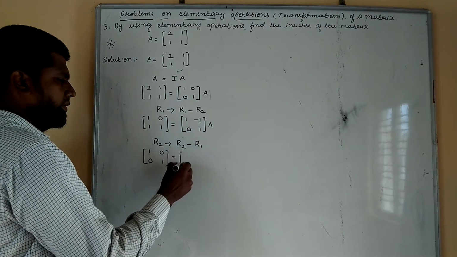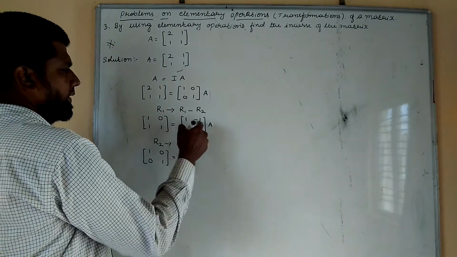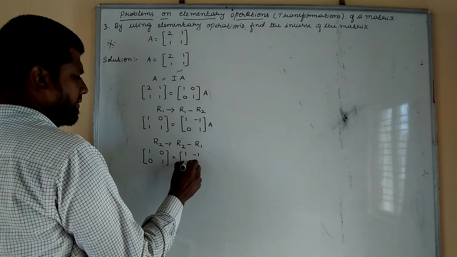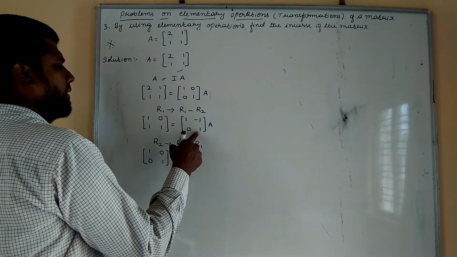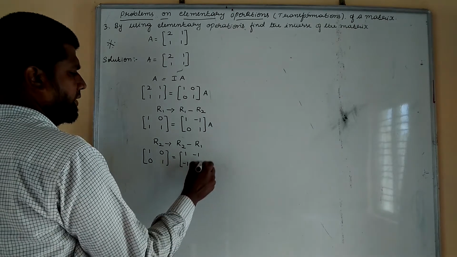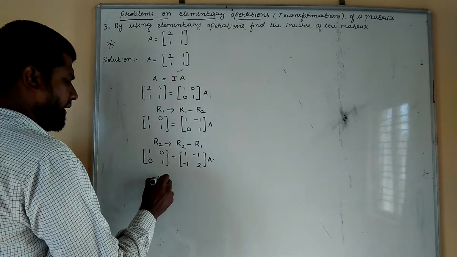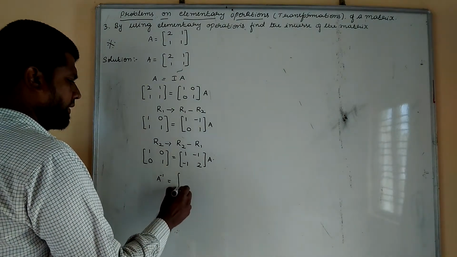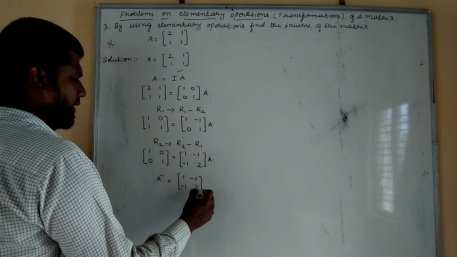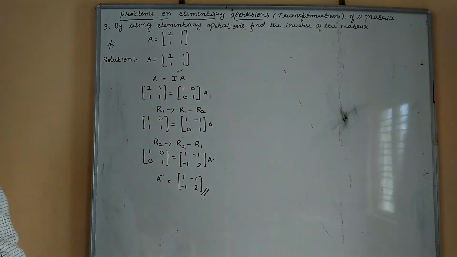That is equal to: 0 here, we write the first row the same, 1 minus 1, 0 minus 1 is minus 1, 1 minus of minus 1 means plus 1, you are getting 2 here. So into A. Therefore A inverse is equal to [1 -1; -1 2].